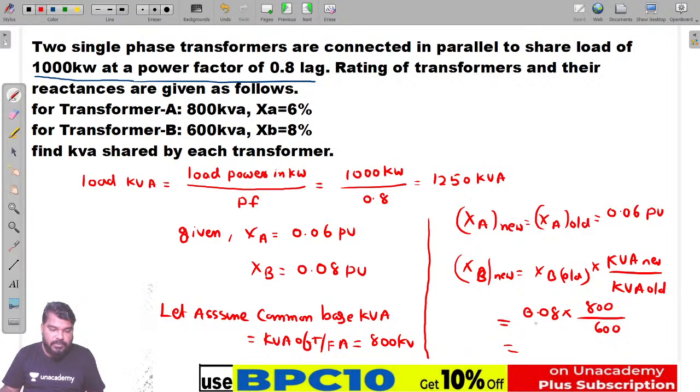Now what is this value? XB is equal to 800 divided by 600 into 0.08, so this is 0.1066 per unit.